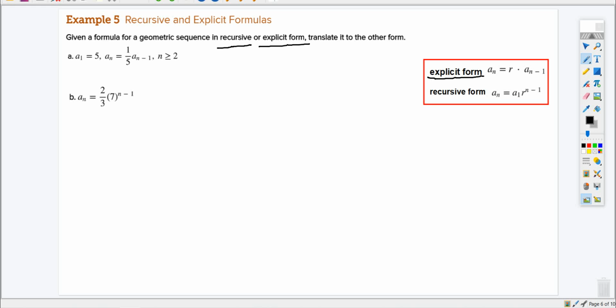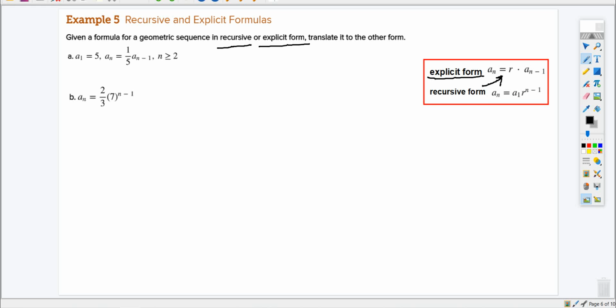It was, remember, an, any term, where n represents the nth term, is equal to r, the common ratio, times a sub n minus 1. So basically this is going to be the recursive form. It looks like it is switched here, but I meant this is the recursive form.